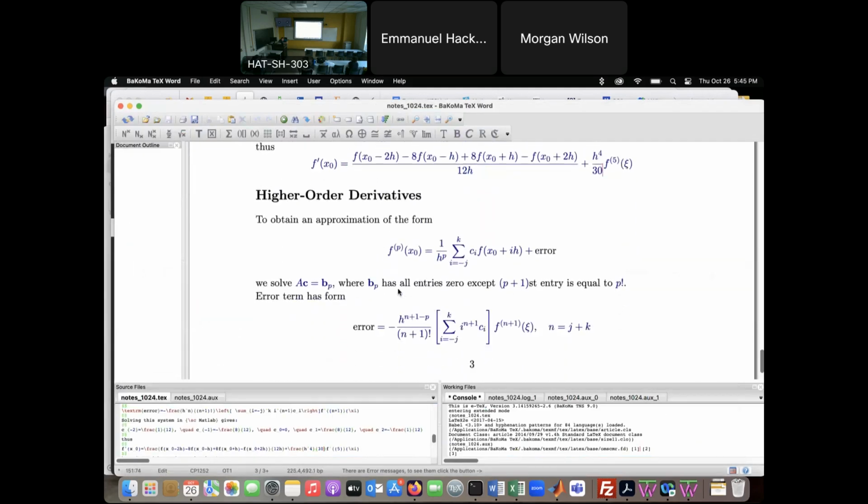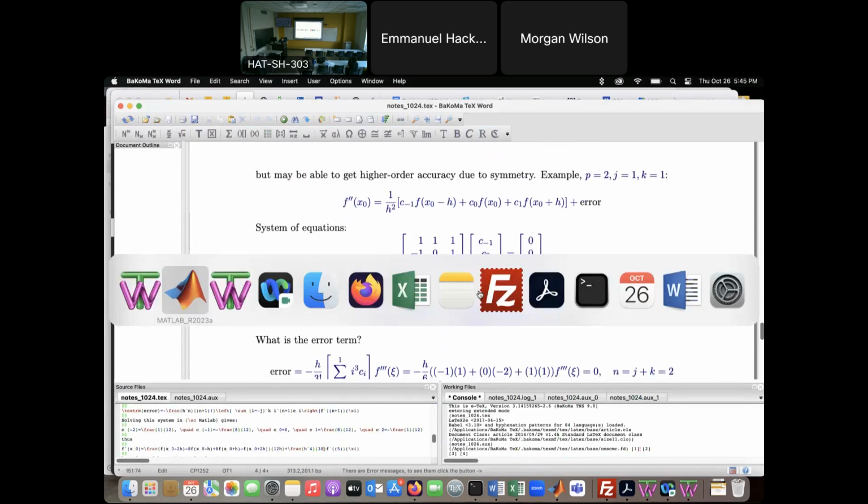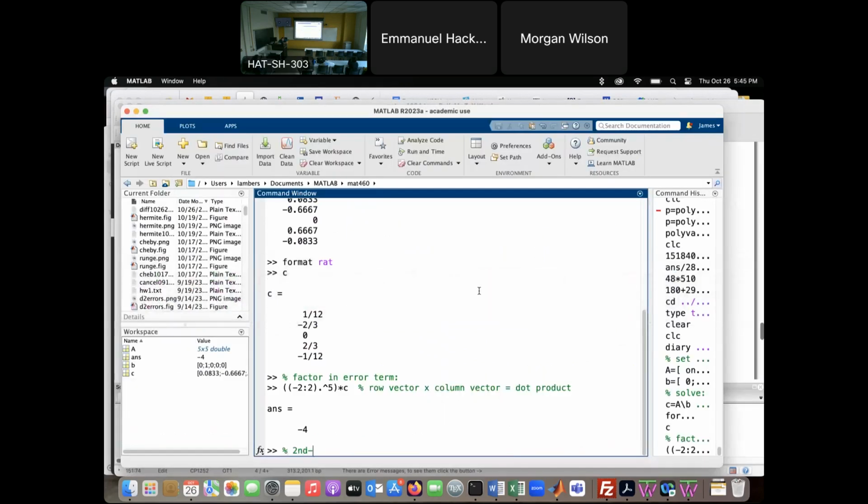Last time I also had an example about higher order derivatives. Right. So if I set up this system of equations, second derivative formula.